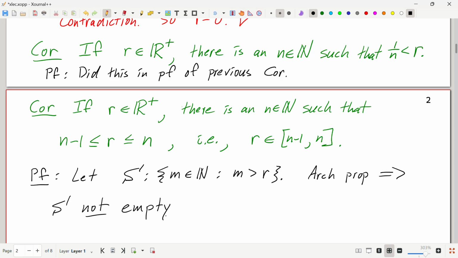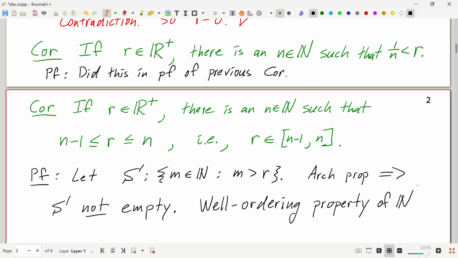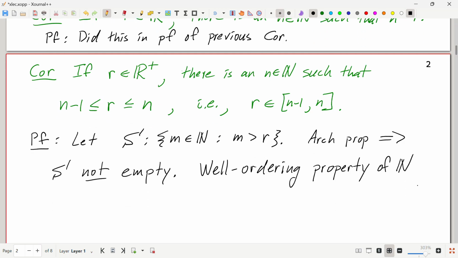That is the well-ordering property of the natural numbers that we hit last week. It implies that there's a smallest element.